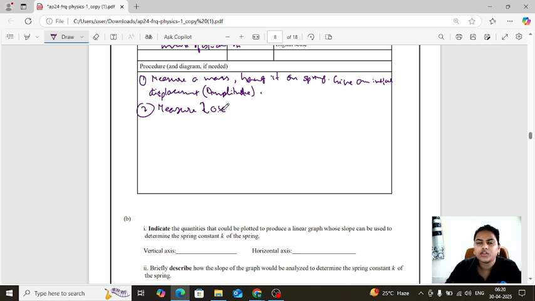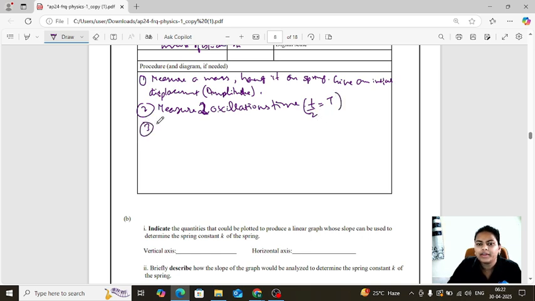You start the stopwatch and immediately have to stop, so it's better to take the time for two oscillations. The time period T is equal to the time you have measured divided by 2.